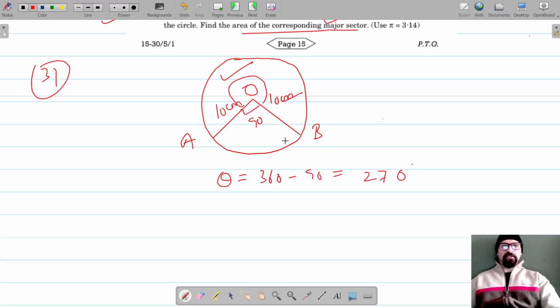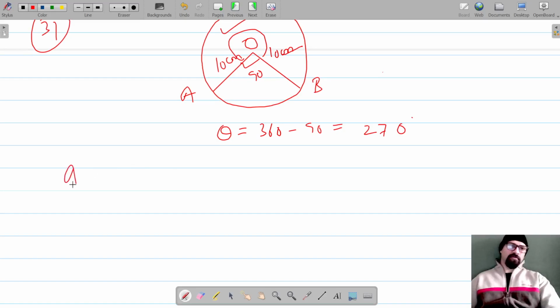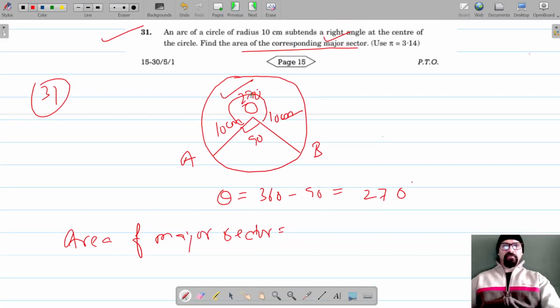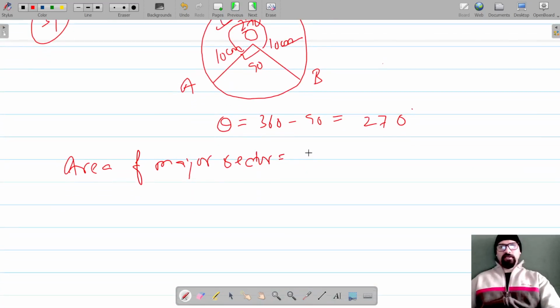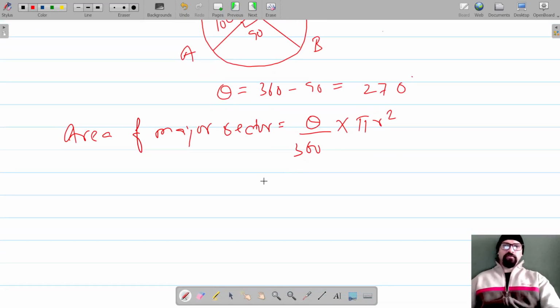Now we have to find this major sector's area, because we have got this angle which is 270 degrees. Now the area of this sector is given by theta by 360 into pi r square. So theta is 270 by 360, pi is 22 by 7, and radius is 10 into 10.